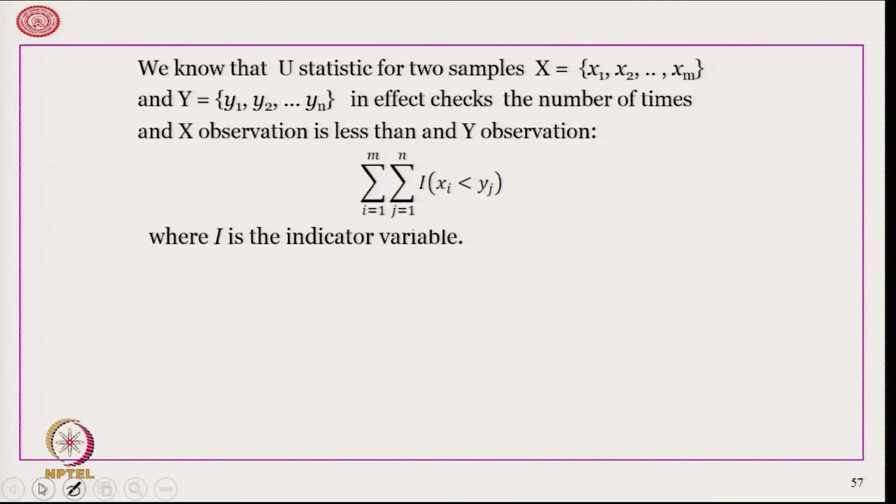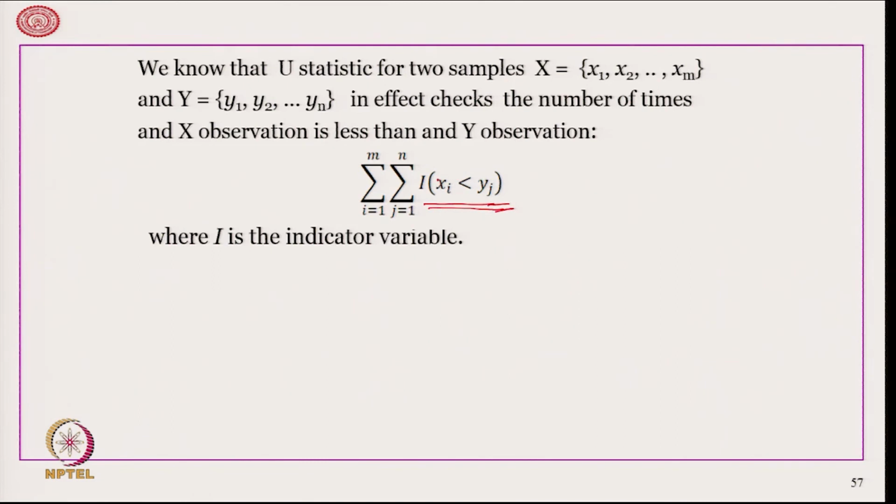We know that the U statistic for two samples x and y in effect counts the number of times an x observation is less than a y observation. That is, the sum over i equal to 1 to n, j equal to 1 to n, of the indicator of x i less than y j.